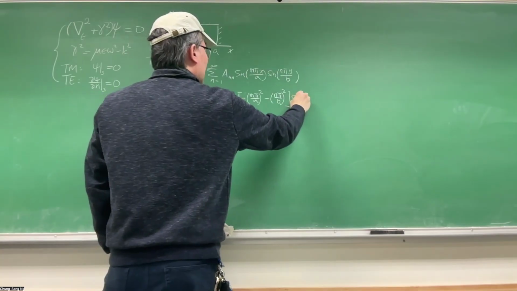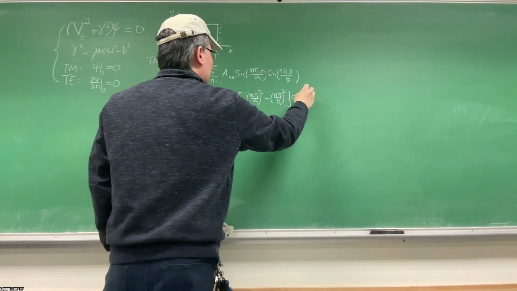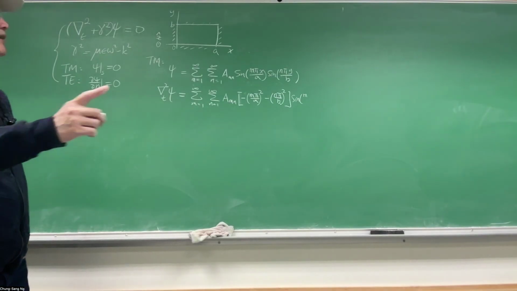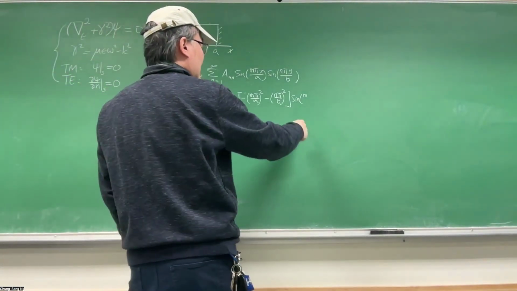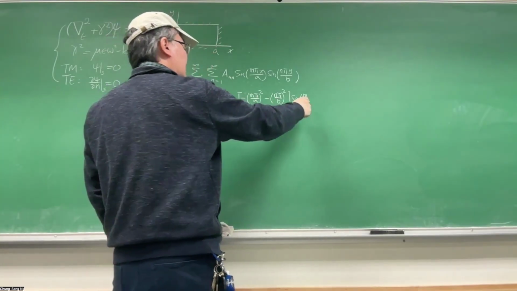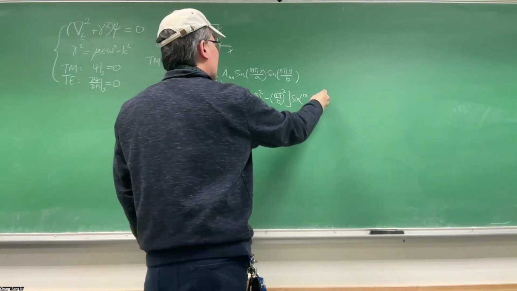And then keep the same sine function, because the second derivative will keep the sine. The first derivative will change it to cosine, and another derivative will change back to minus sine. That's why you have the minus sign.